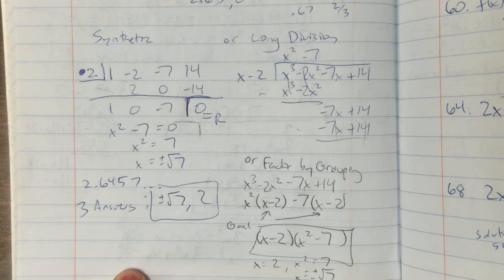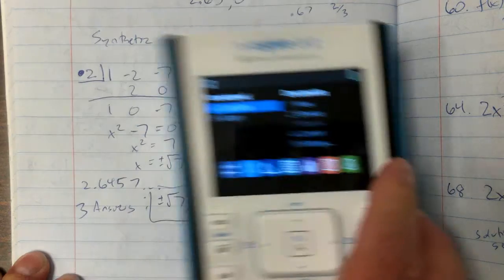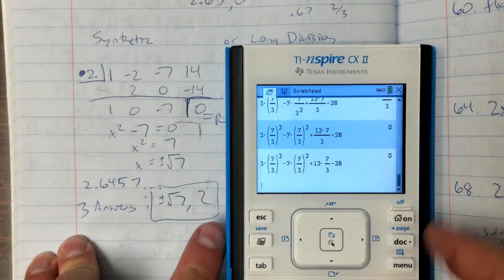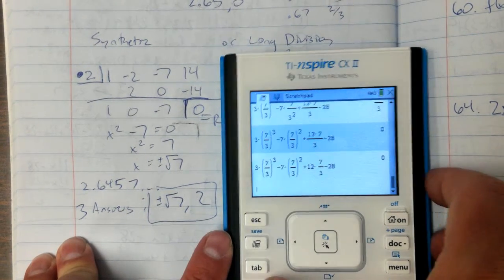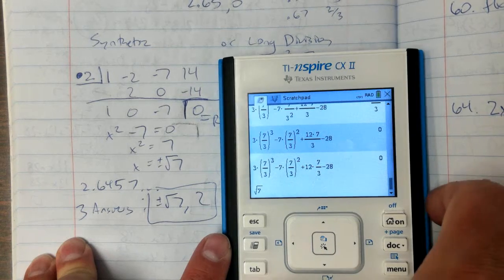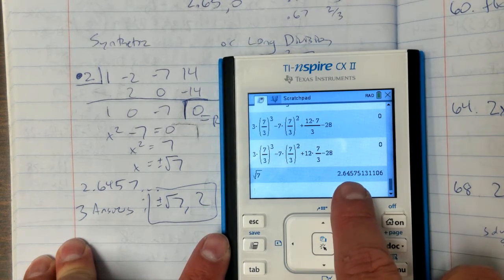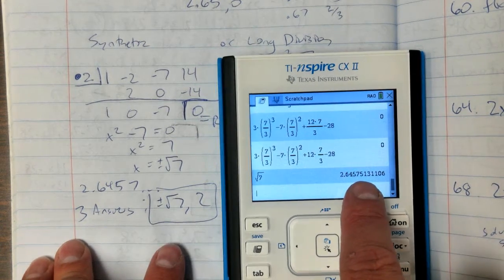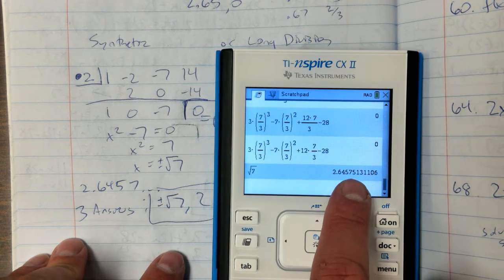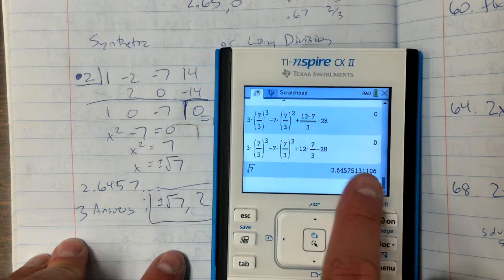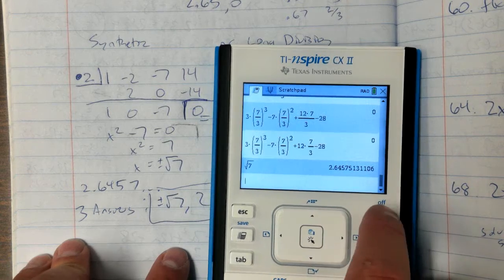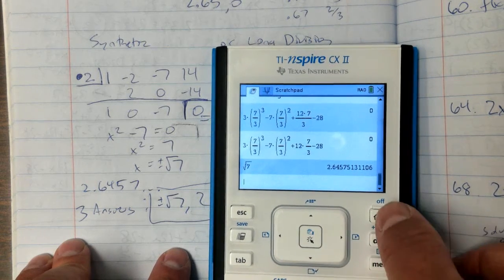Now, when I did this on the scratch pad and I did square root of 7 as a decimal, go to the calculate screen, square root of 7, control, enter. That shows me 2.645. So that's the exact number that was rounded on the document.